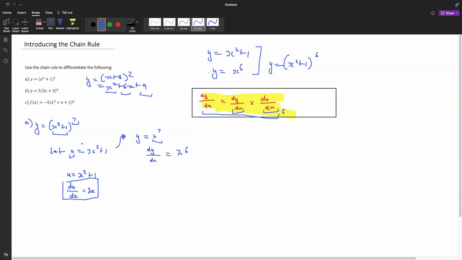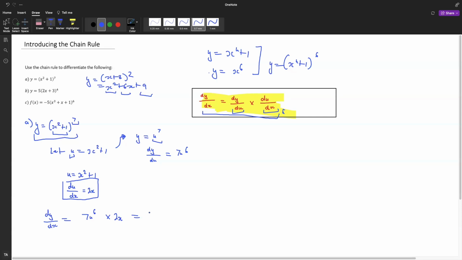So now, to find the derivative of this actual expression, which is dy over dx, that will become dy over dx is equal to dy over du, which is 7u to the power 6, times du over dx, which is 2x.